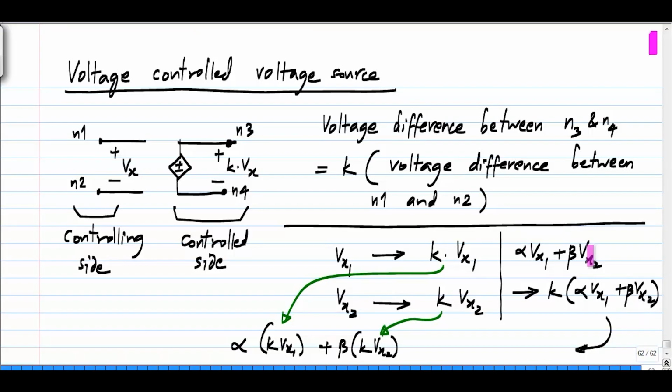The linear combination of the cause gives you the same linear combination of the result. So this is a linear element, which must be pretty obvious from the relationship itself, because k times Vx is a linear function of Vx.